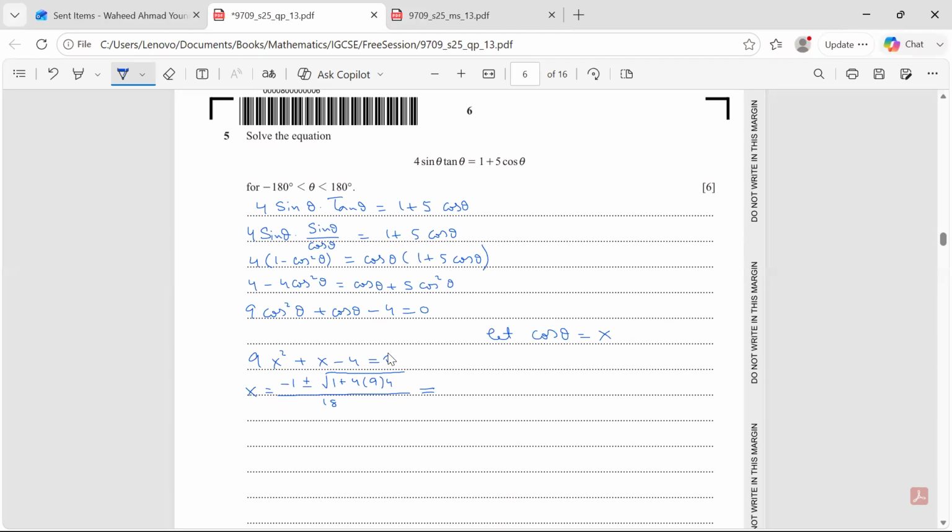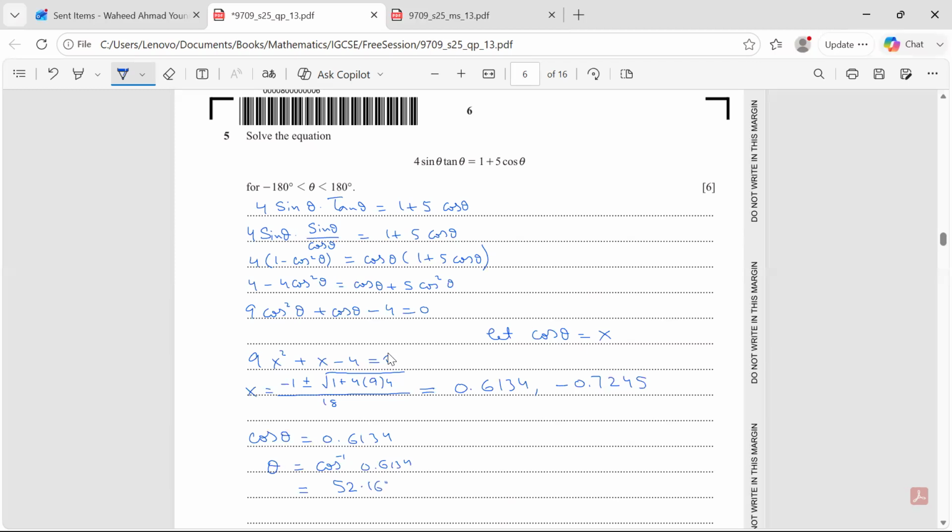I came up with two answers: 0.6134 and the other answer is minus 0.7245. So cos theta, which is x, is equal to 0.6134. Theta is going to be cos inverse 0.6134.